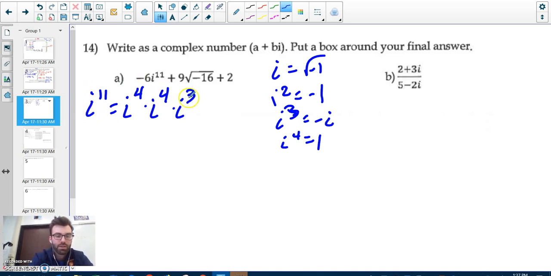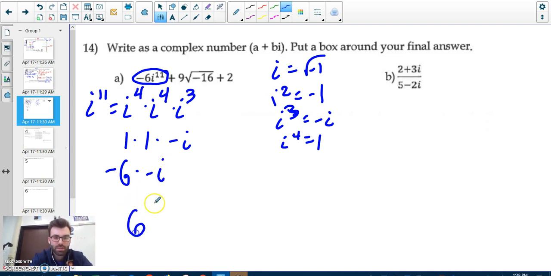Now, you could do this part in your head. That's totally fine. I just want to write it out for you so you can see where my thought process is at. So this is 1 times 1 times -i. So this term becomes -6 times -i, which gives me 6.